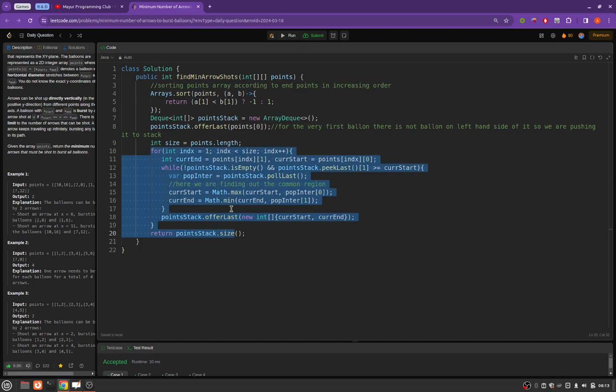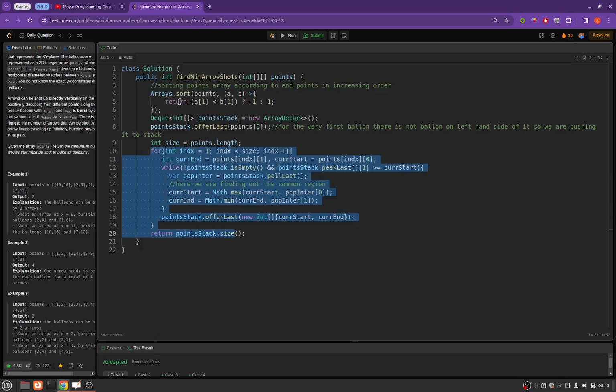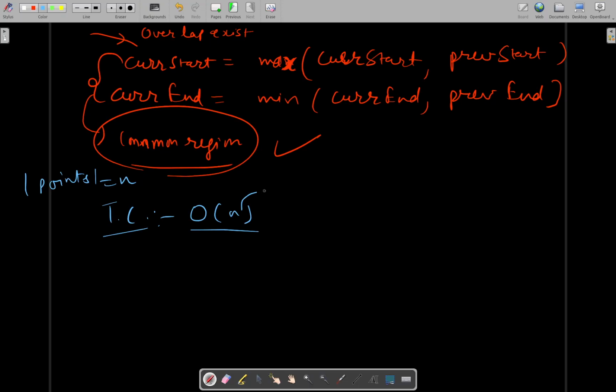Not actually order of n, I made a mistake here, because sorting is also involved, so it will be order of n log n. Let me write it clearly, n into log of n, because of sorting.